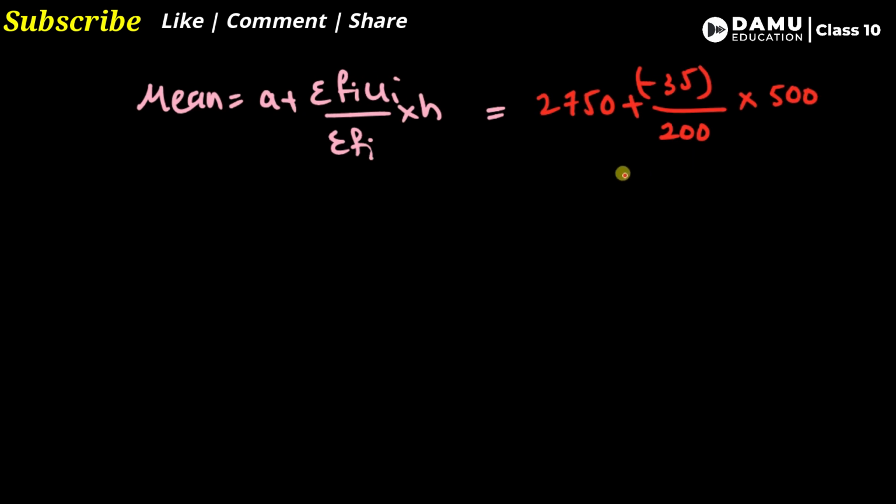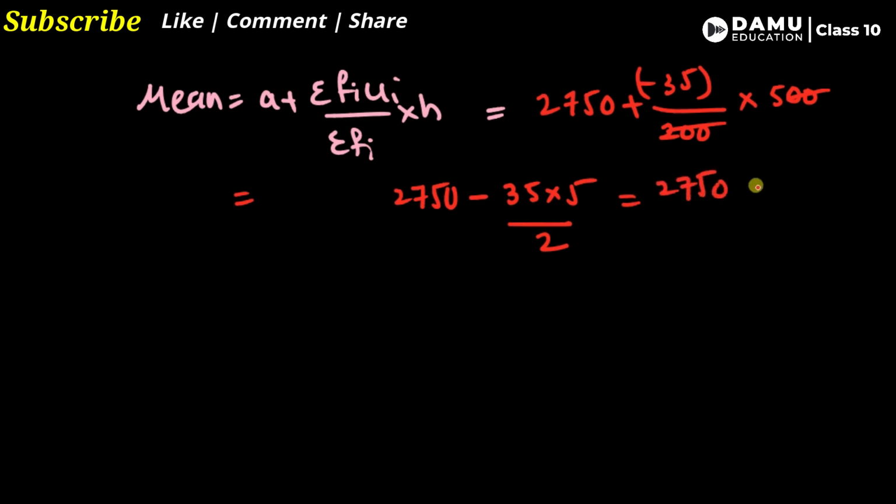We know all these values. Let's cancel: two zeros cancel, so it is 2750 minus 35 into 5 by 2. Then 35 into 5 is 175.